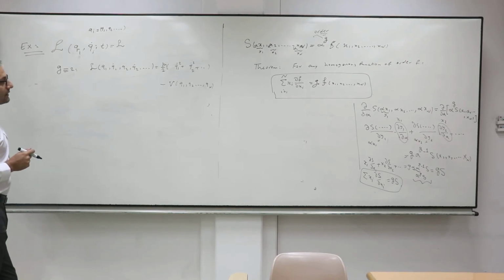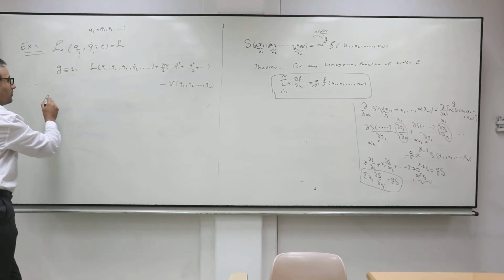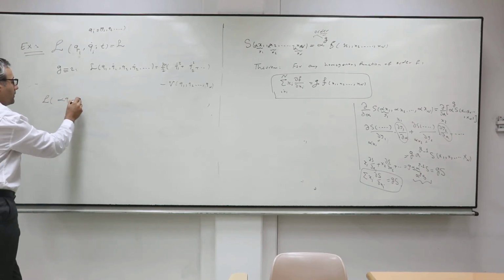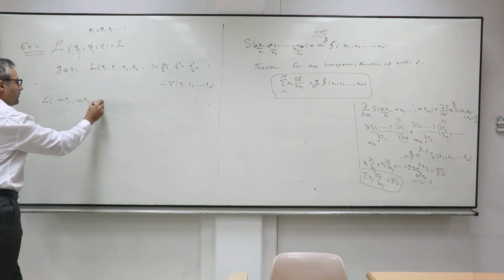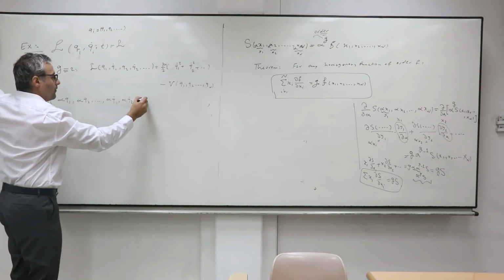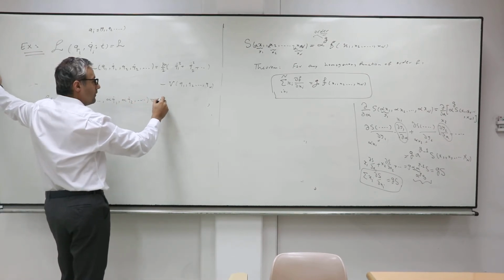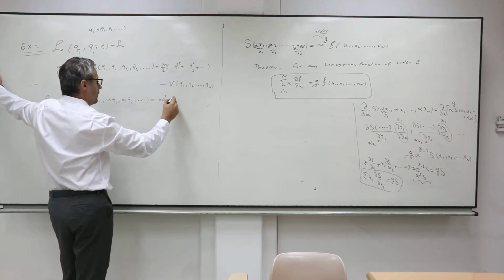For many cases, the Lagrangian is a homogeneous function of order 2. So if I write alpha, for example, like the harmonic oscillator, I will get alpha squared of the original Lagrangian.